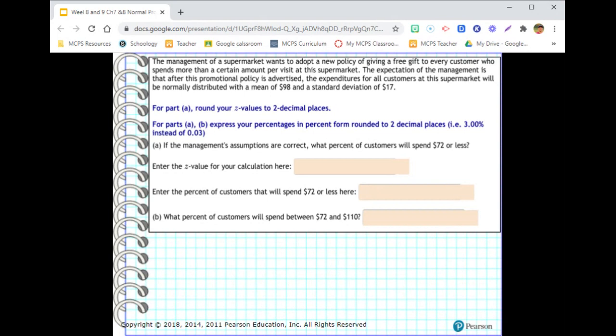The upper is going to be 72, then your mean is 98, and the standard deviation. What do we have? 6.1%. That's right.